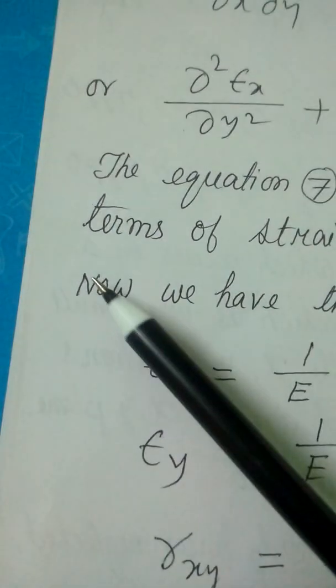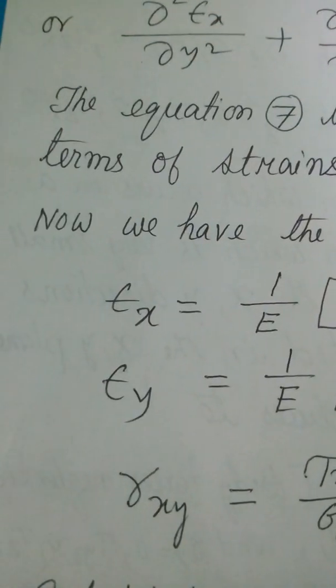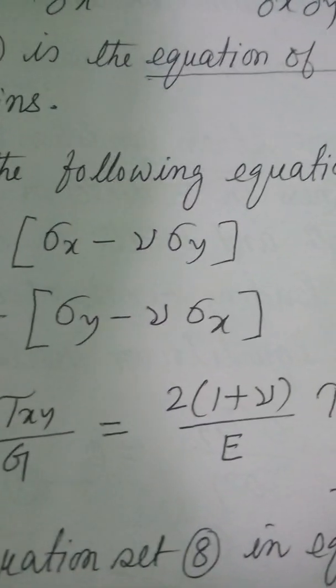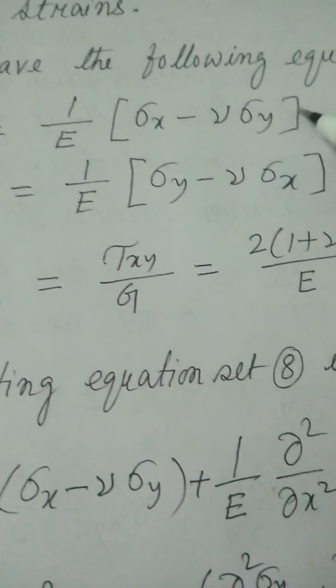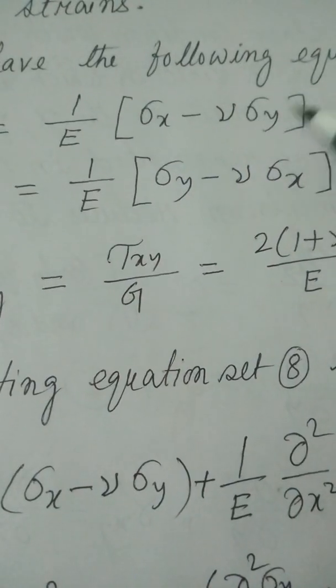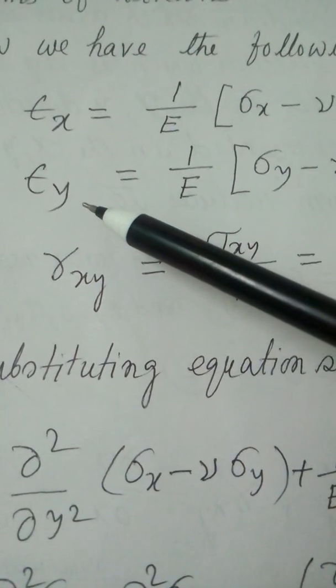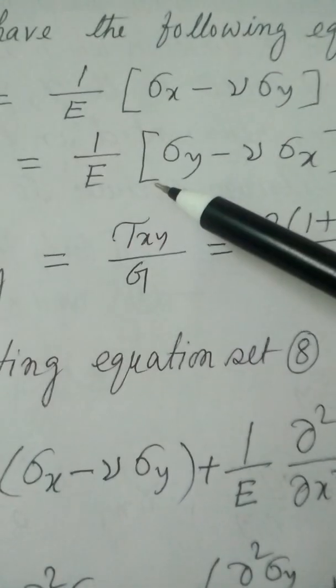In terms of strains, now we have the following equations that you know. Epsilon x is equal to 1 by E into sigma x minus mu sigma y minus mu sigma z, where sigma z is 0. This is not there because it is in xy; we are considering plane strain.